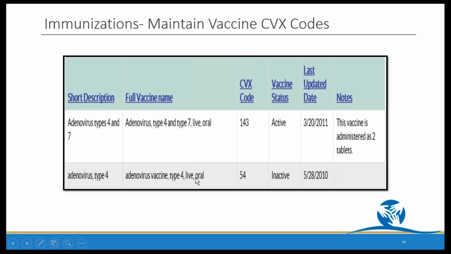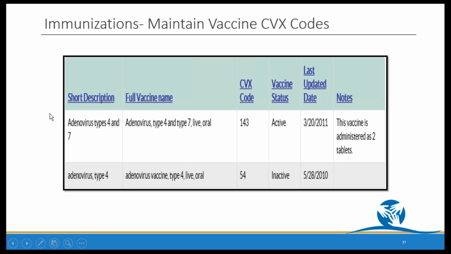So you'll see I have two of the exact same things. Well, this is the same. The CVX code used to be 54, is now 143, and this went inactive on 5/28/10. So if you've been live longer than May of 2010 and you never changed this code, this is the actual active code now.